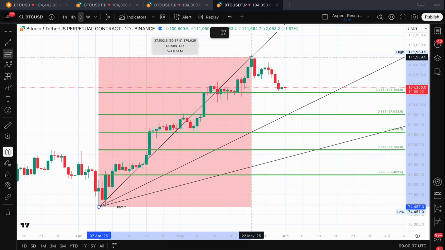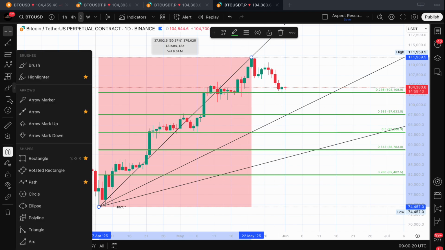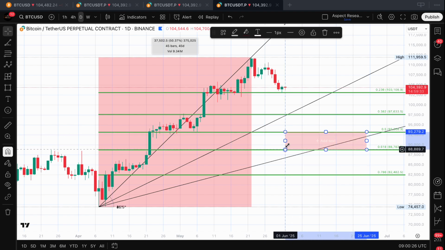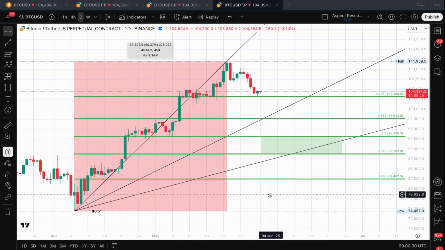So let's pull this Fibonacci retracement tool. You can see how nice the price is reacting to Fibonacci levels, by the way. It's really remarkable. And our area of interest is between the 50% and the 62%. Let's give it color yellow, okay, green.